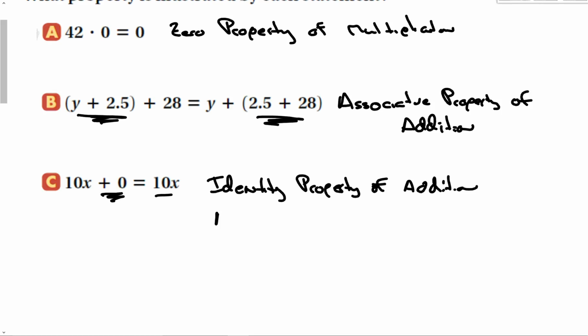Another way to say that is additive identity. A little sloppy there, but get the idea.